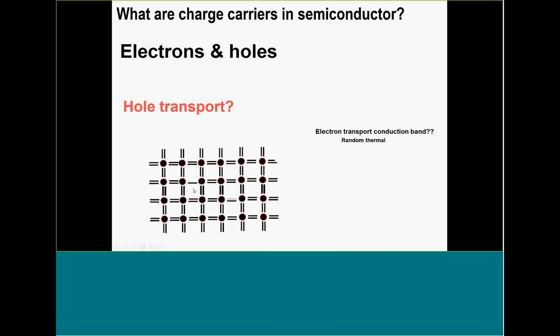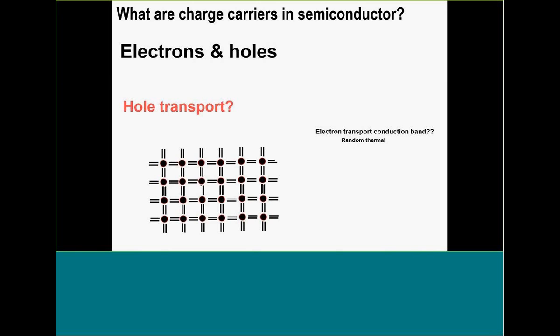So what can you say now about the hole transport? Actually, hole transport, if you look at the animation just now, is the opposite of the electron transport, isn't it? Whenever there's a vacancy due to movement of an electron, another electron will jump into that position. So whenever it moves, it will be opposite to the movement of the electron.